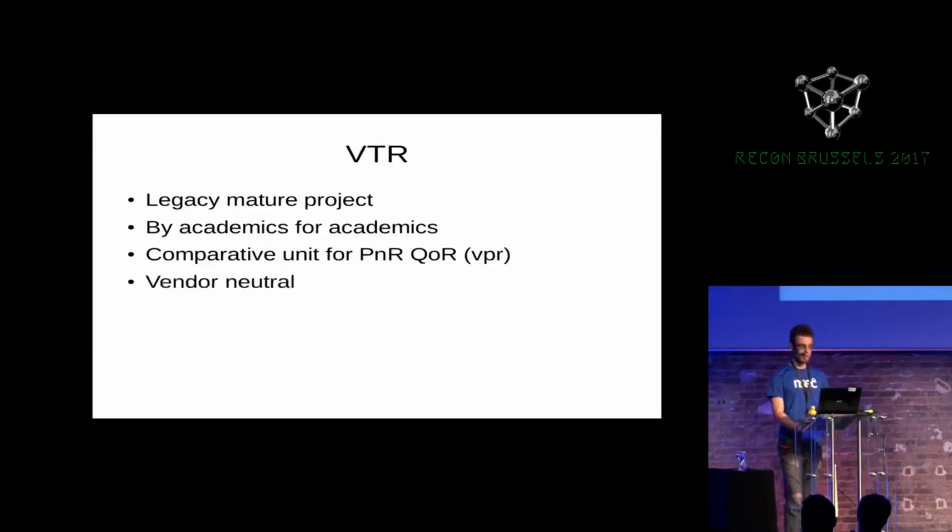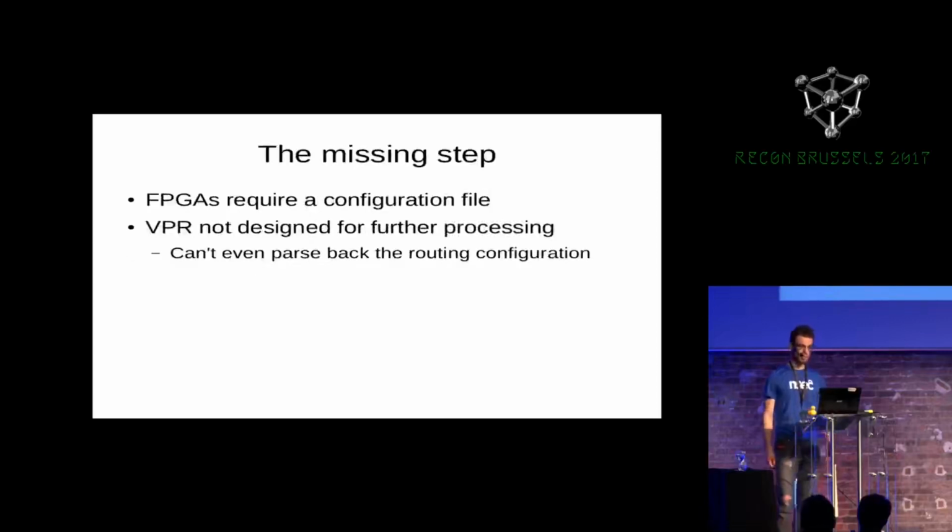Since it's not vendor specific, everyone in the community can use that to benchmark. Its main selling point is that it's open source. But at the end of that, I still needed to reverse a configuration file, and that's missing. You have to do it.